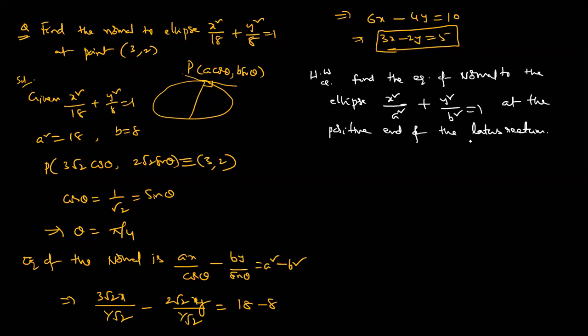You can practice this at home. What is the positive end of the latus rectum? What are the coordinates? That is (ae, b square by a). Simple. Can you try? Okay. Now, properties of normal. Right?